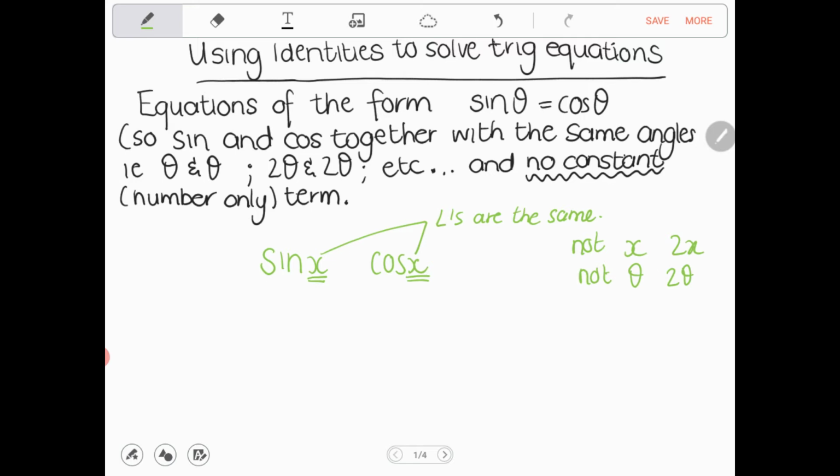And the other thing we have to look for is that there's no constant term. When I say no constant term, I mean that we couldn't have sine x plus cos x is equal to 4, because this 4 is a constant term.